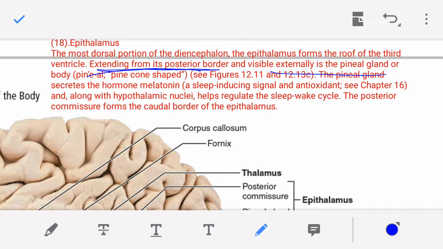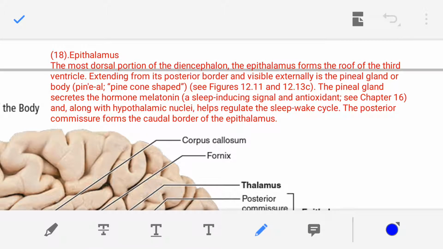And why is this gland given the name pineal? Because pineal means shaped like a pine cone. Okay, the pine tree's cone, the cone-shaped pineal gland.